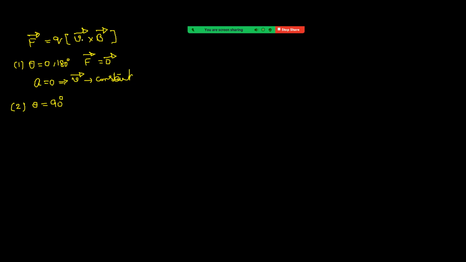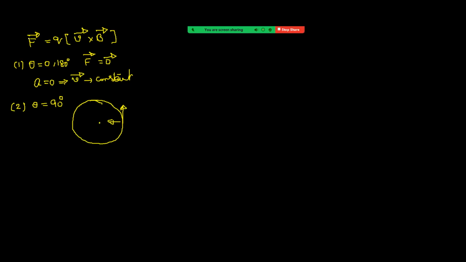And if you remember, while discussing uniform circular motion, the net force, which is nothing but centripetal force, is always normal to the velocity vector, right? Now you can say the same thing here.